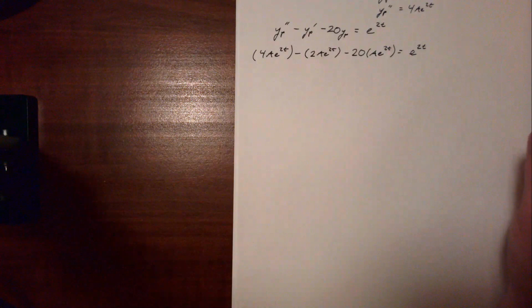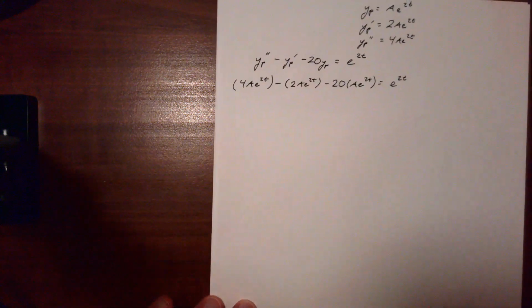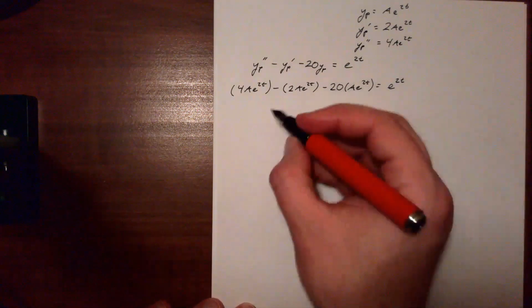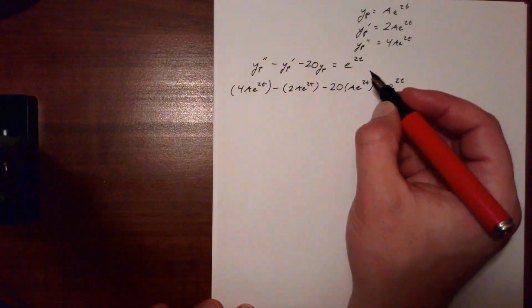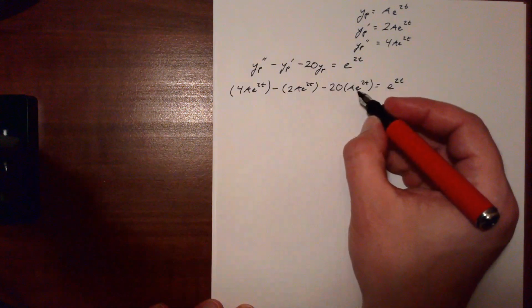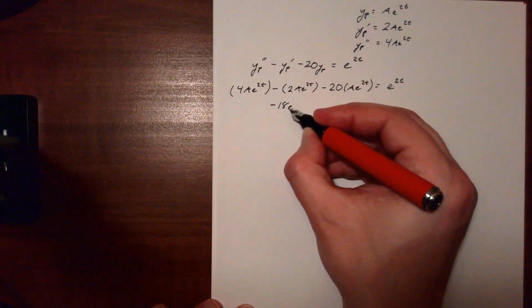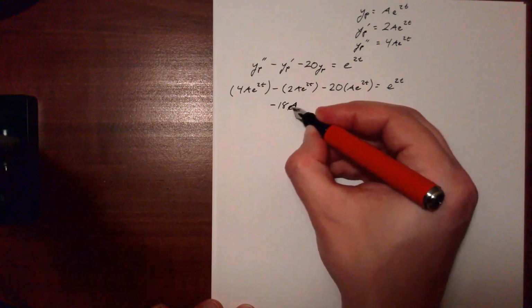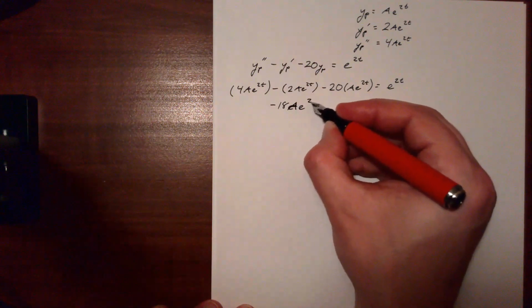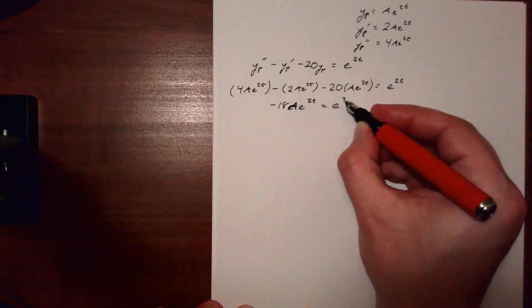And now all the terms here just have the same basic function. They're all just e to the 2t. So we can just combine them all and see what we get. So we have 4 minus 2 minus 20 is going to be negative 18a e to the 2t equals e to the 2t.